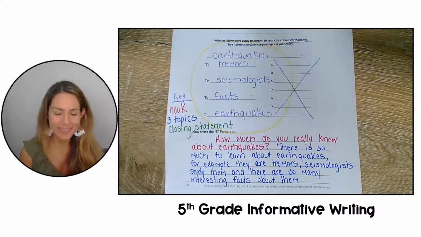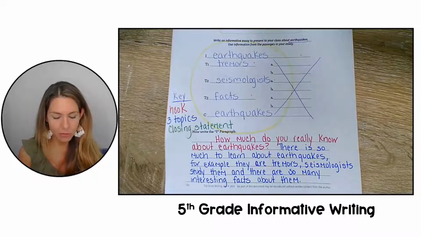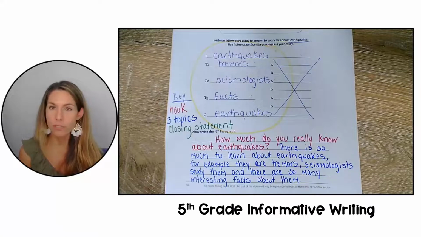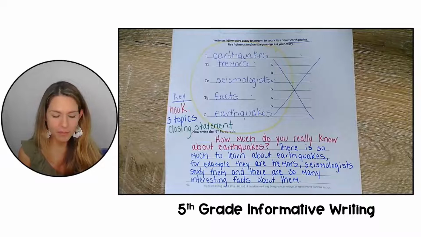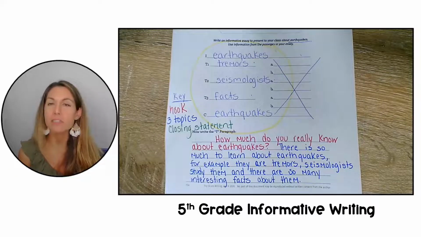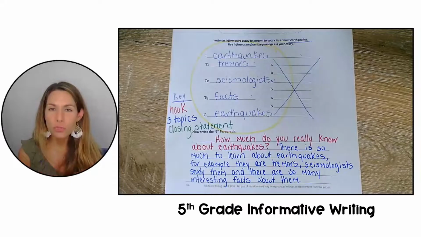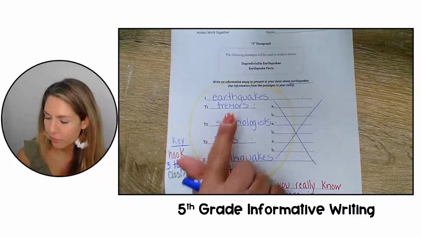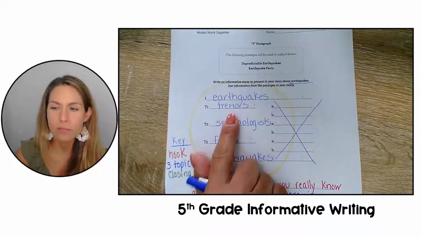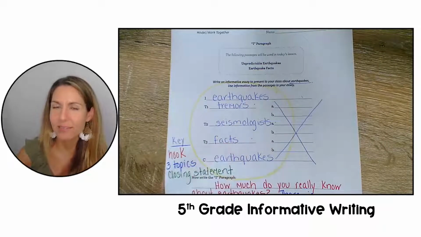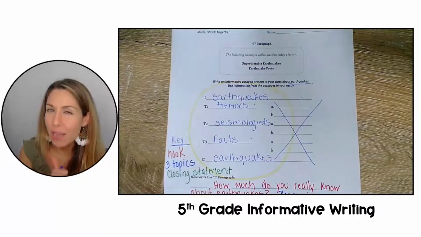Another way you could have written this sentence is you could have said earthquakes are also known as tremors. They are studied by seismologists, and there are many interesting facts about them. So those are just 2 different ways you could have written that sentence.